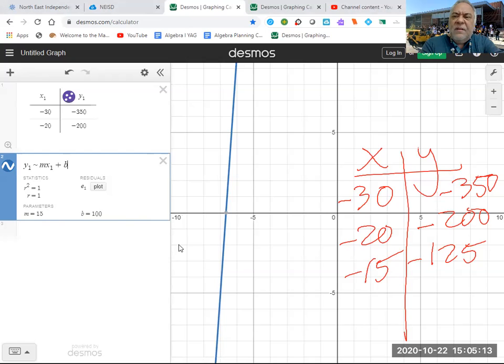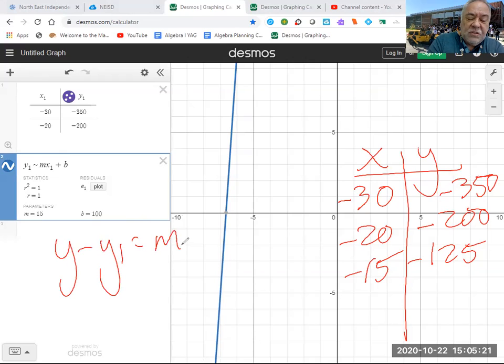Remember the point-slope form: y minus y1 equals the slope, which we already said here, times x minus x1. Because all these points are negative in the table, when we put them into this formula they're going to end up being positive.